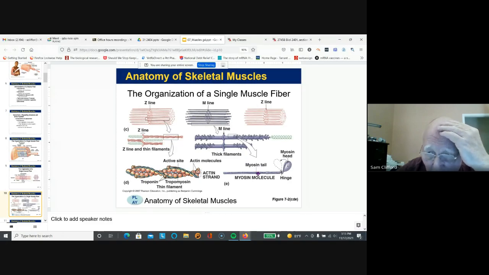So the hinged myosin head is able to store energy and connect to actin and pull the actin into the center of the sarcomere. Remember, sarcomere is from Z line to Z line.